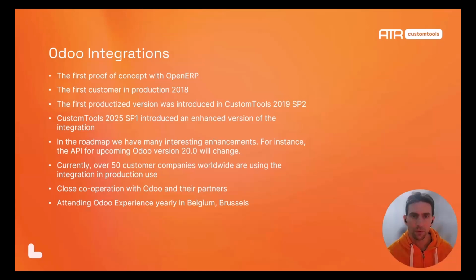Now, last summer or just before the summer in May, we released version 2 of Odoo integration. Of course, we have released with CustomTools every year a new version, but now we basically re-implemented the whole integration based on learnings from projects we have implemented.